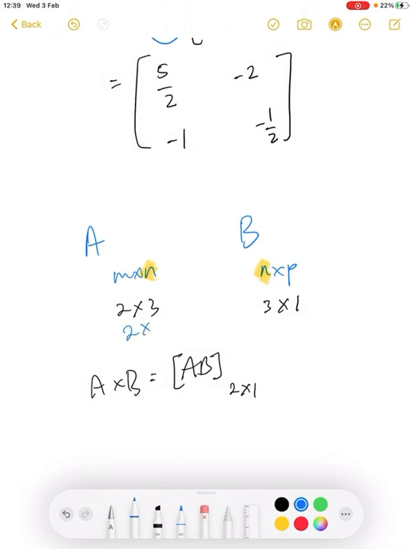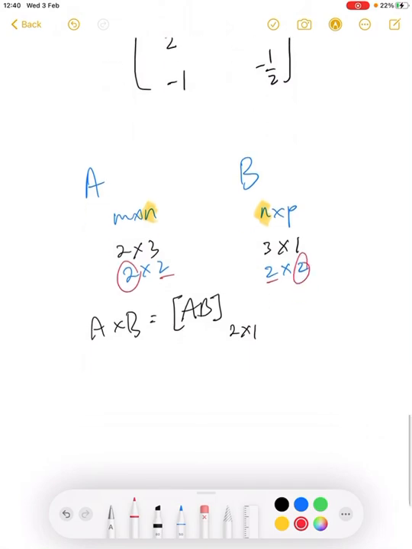So let's say you have a square matrix 2 by 2 and 2 by 2. So can we multiply these two matrices, a 2 by 2 matrix and a 2 by 2 matrix? Of course. So what's the order of the product of these two matrices? Since these two are the same, the order is 2 by 2.